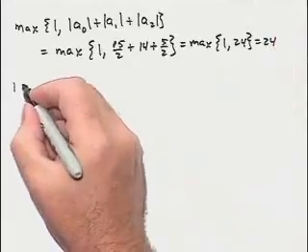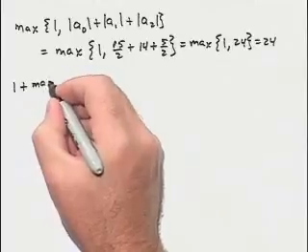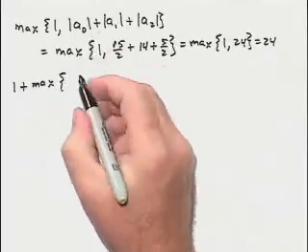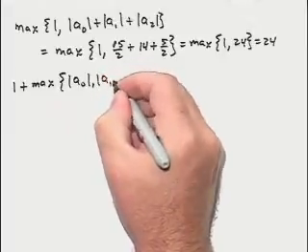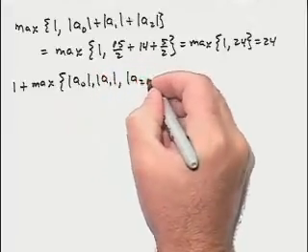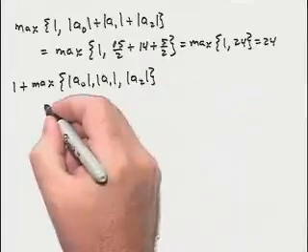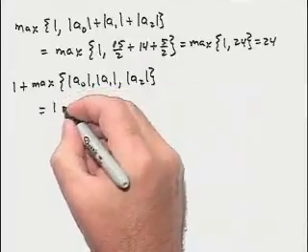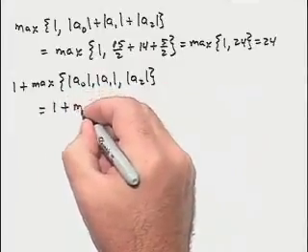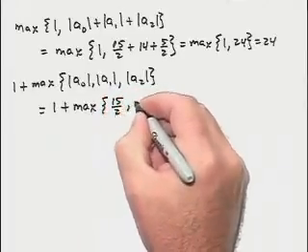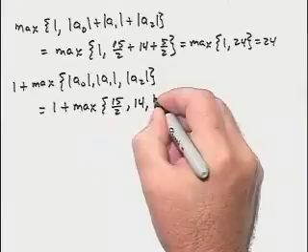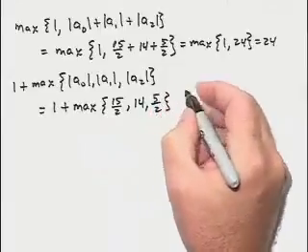We also need to find 1 plus the maximum of the absolute value of a sub 0, absolute value of a sub 1, and the absolute value of a sub 2. This will be 1 plus the maximum of 15 halves, 14, and 5 halves.